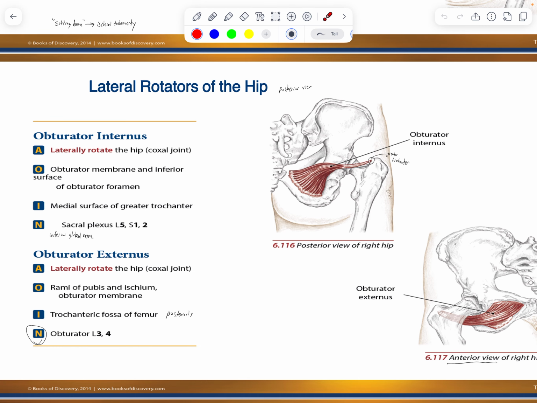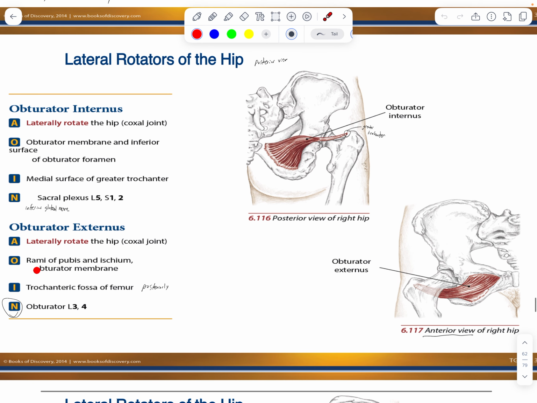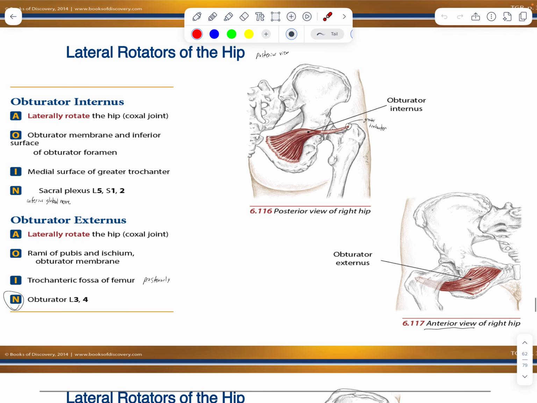And then the externus originates at the rami of pubis and ischium and the obturator membrane. So let's look at this. This is the view we are seeing. This is the origin. Obturator membrane, rami of pubis and ischium.